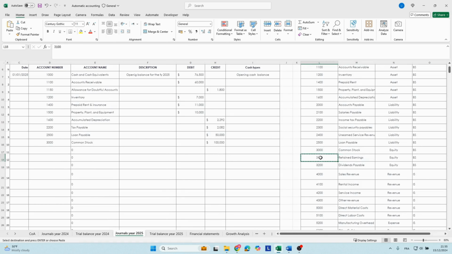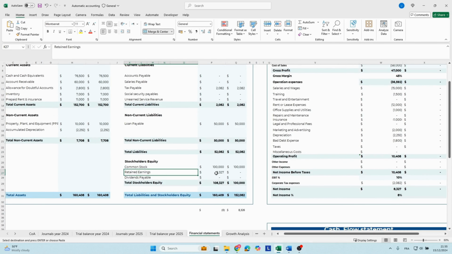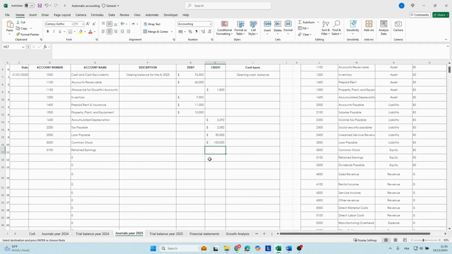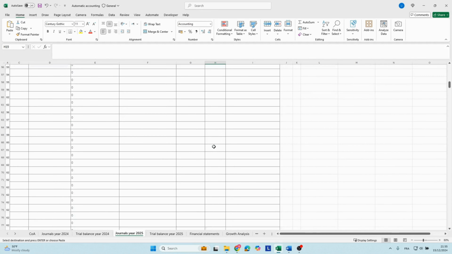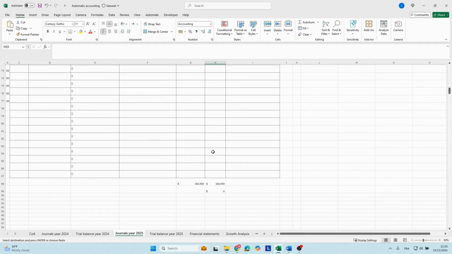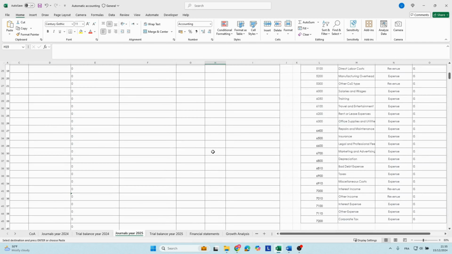This is the account 3100, and we write it here. Then we put the value for the earnings for the year, which we bring directly from the income statement, and we write it. Then we check, and you see that the total debit equals total credit.